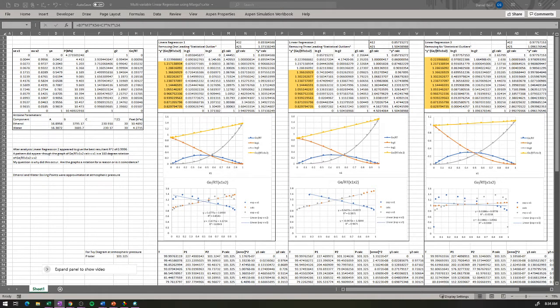What's less obvious though is this, the sum of the x sub i gamma sub i p sat sub i. And that's less obvious just because the activity coefficient could be literally anything. And so could psat. We know that the sum of the y sub i's is equal to 1, and the sum of the x sub i's is equal to 1.